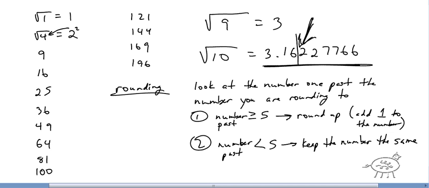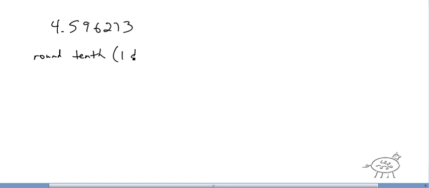So let's do a couple of examples with rounding. If I have 4.596273. All right, so let's talk about if I round to the tenth. Tenth is 1 decimal place.